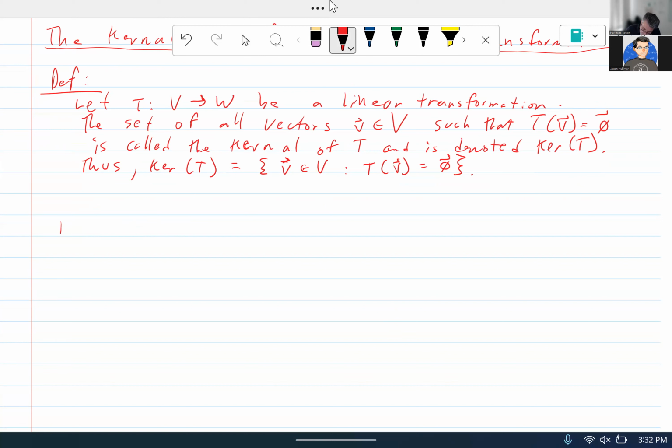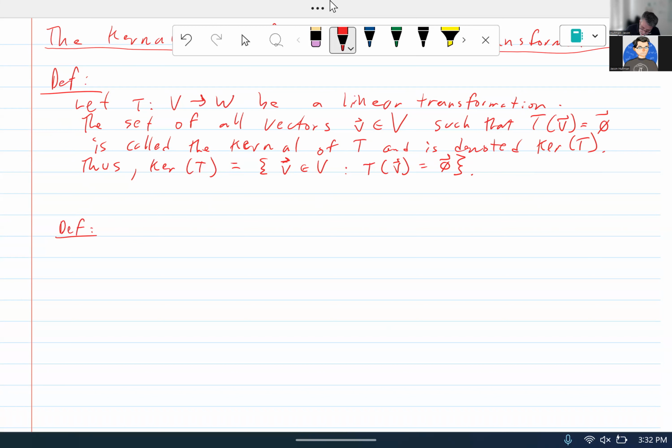The second definition is the range, which you can think of as the output. The range is everything that I could get transformed as an output, including 0. So the kernel is a part of the range, just a very specific part of the range.